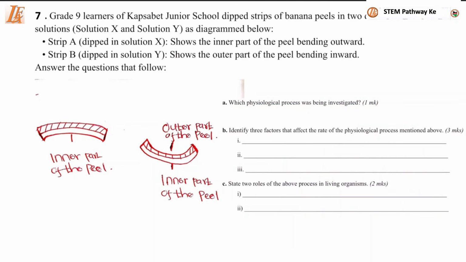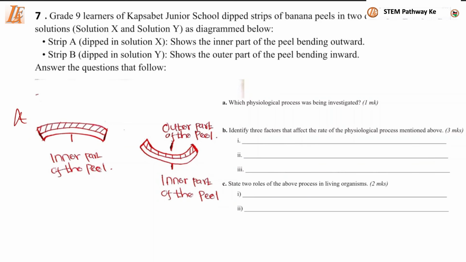Question 7. Grade 9 learners of Kapsabet Junior School dipped strips of banana peels in two different solutions, solution X and solution Y, as diagrammed below. So we have strip A, this one here, which is dipped in solution X, which shows the inner part of the peel bending outwards.